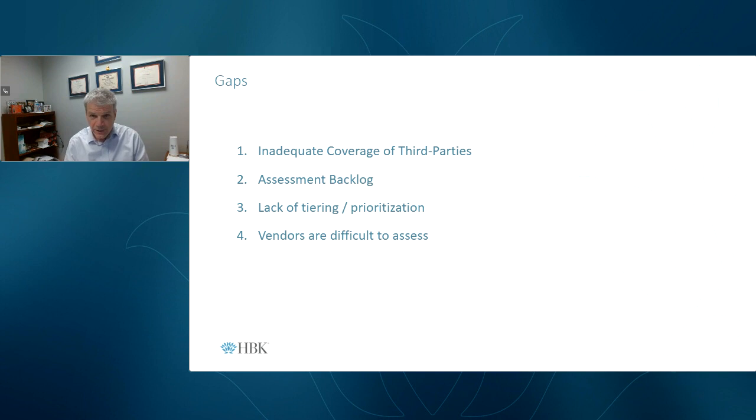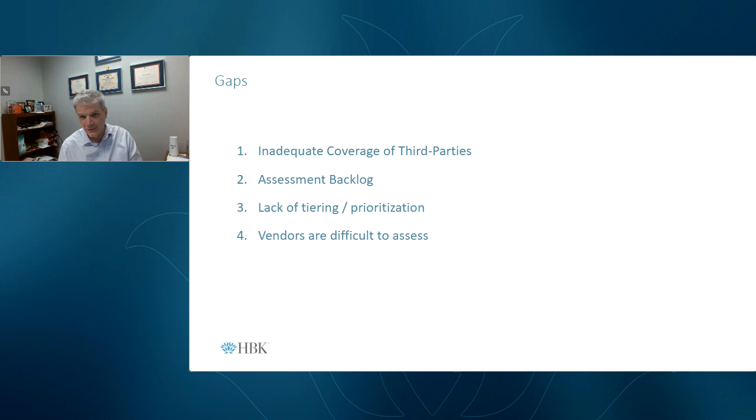Let's talk about some of the gaps. Well, the biggest gaps are inadequate coverage, or too big of a backlog. The backlog would definitely go along with the lack of resources that we just answered on our previous polling question. Not tiering or prioritizing lends to the backlog because you don't know where to start, so you don't know when you finish.